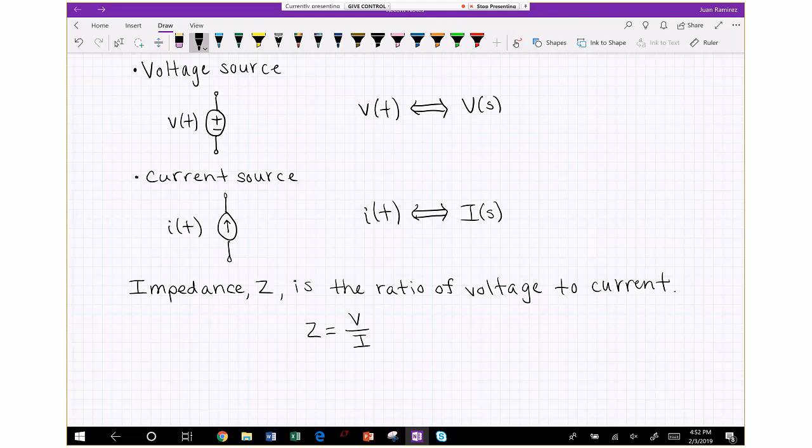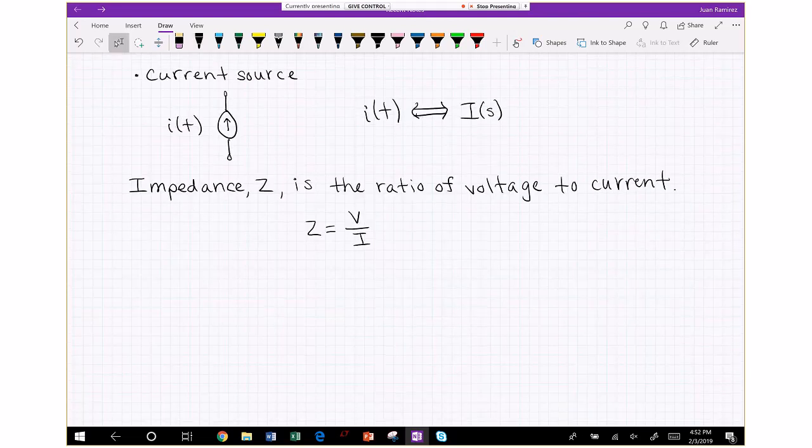And we will represent RLC components in the S domain with impedances.